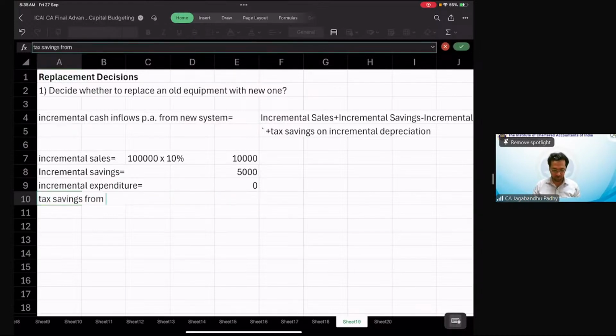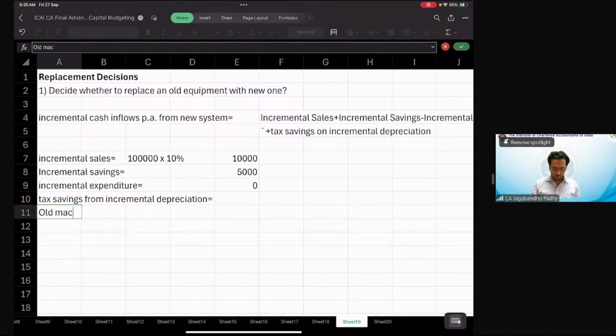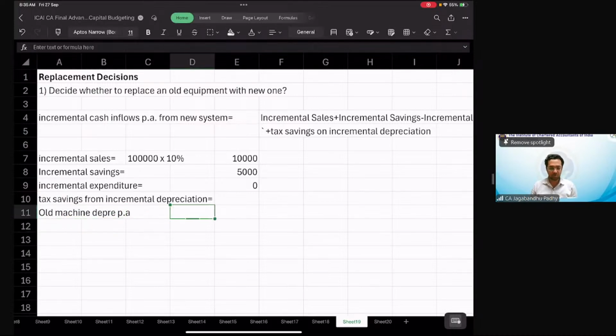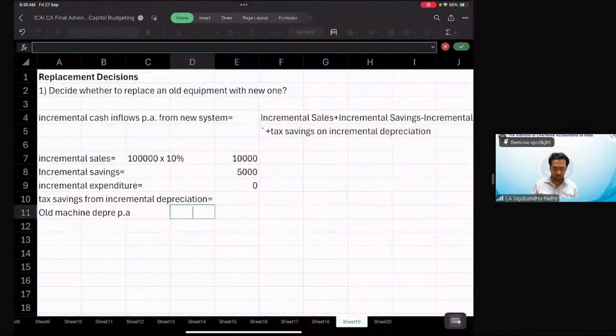Now we just need to add over here the tax savings from incremental depreciation. Now, how much is the tax saving from incremental depreciation? So for that, we'll say old machine depreciation per annum. How much was the old machine depreciation per annum? We have computed it, right? Old machine depreciation per annum was 2,500.